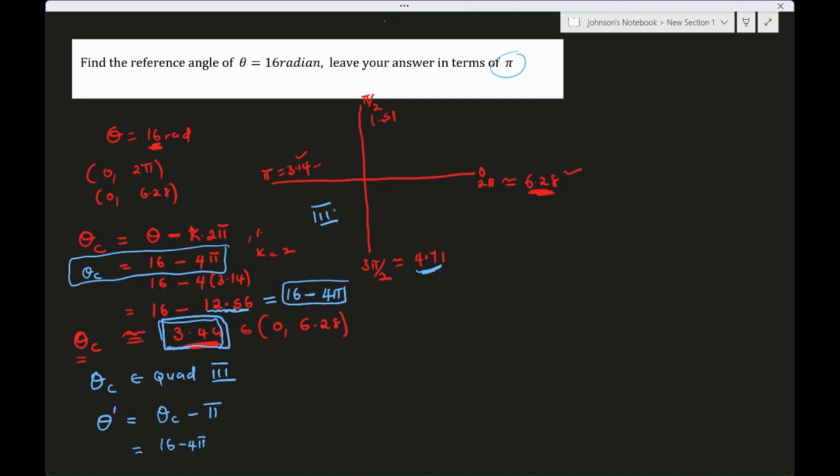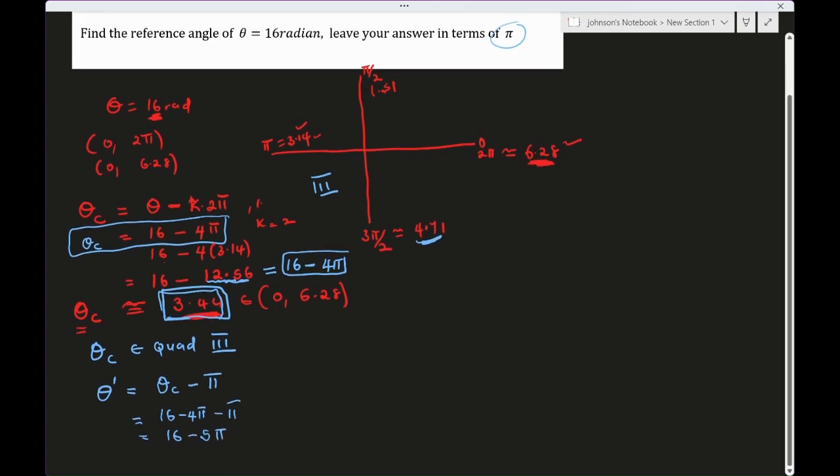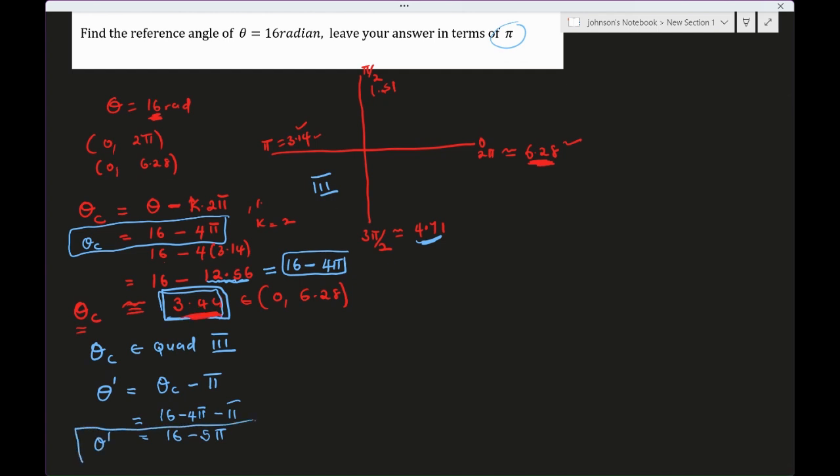Then we have to subtract another pi, so everything is 16 minus 5 pi. And that is the answer. So our reference angle is 16 minus 5 pi.